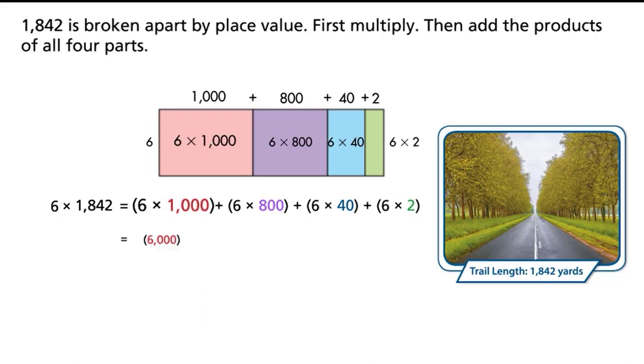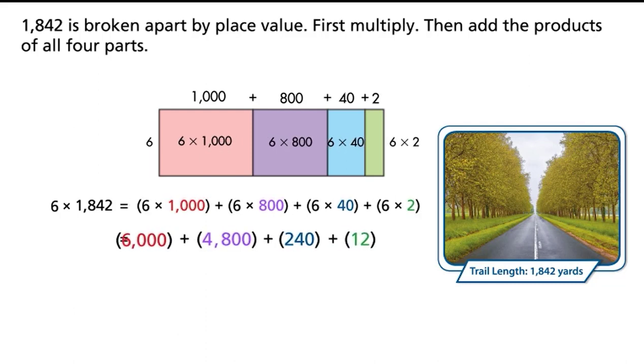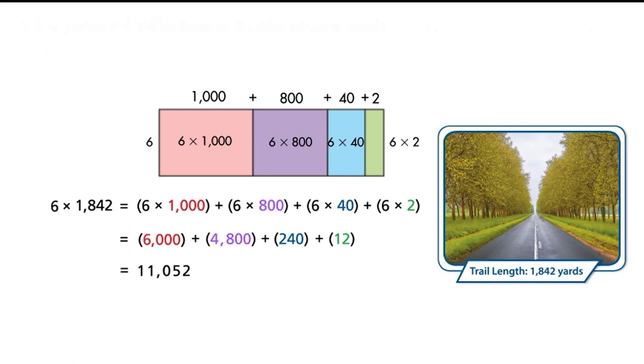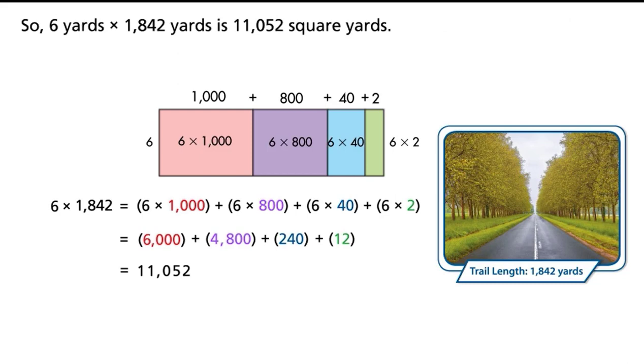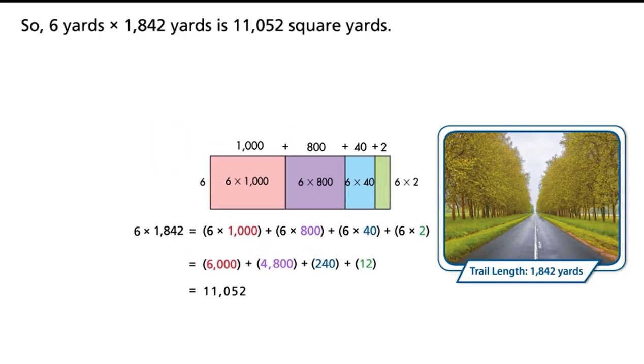First, multiply. Then add the products of all 4 parts. So 6 yards times 1,842 yards is 11,052 square yards.